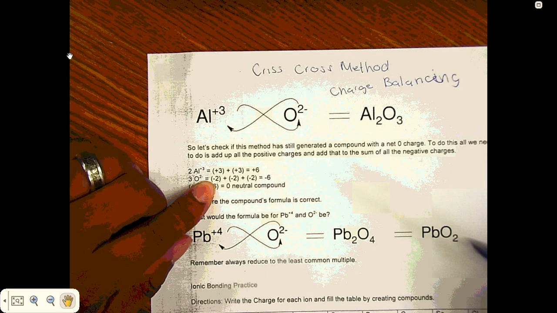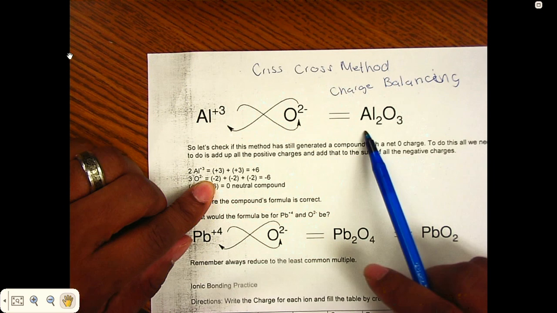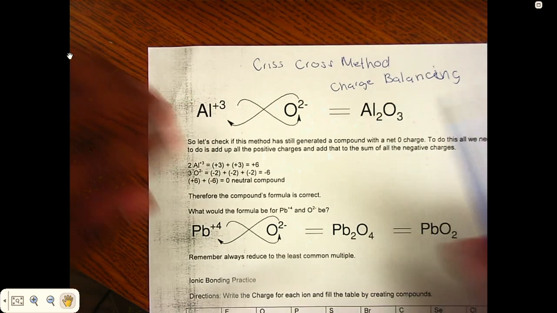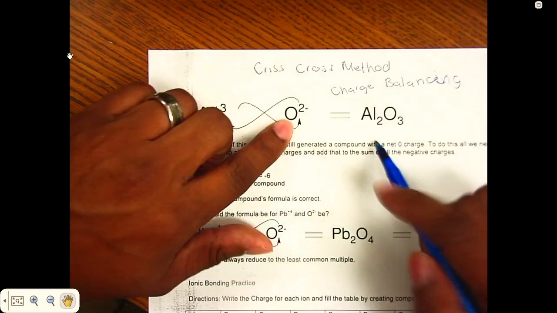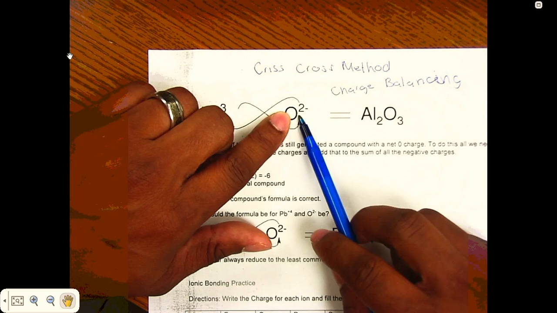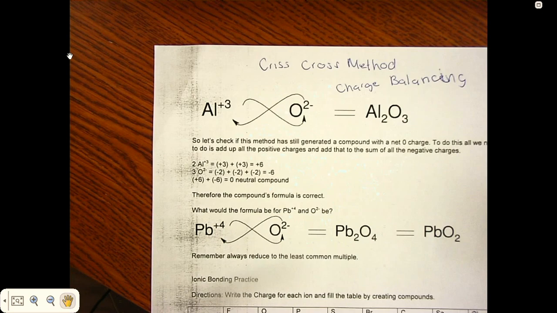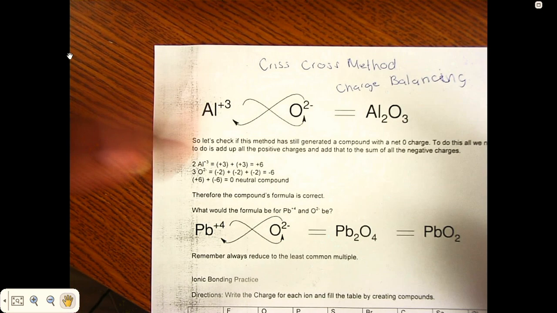From a structural arrangement, this means that to balance them out, you ended up with 2 atoms of aluminum, which has a +3 charge, for a net +6, and that's balanced by 3 atoms of oxygen, which has a -2 charge, which ends up being -6, and +6 equates to neutralization.